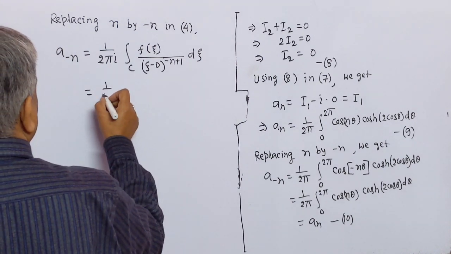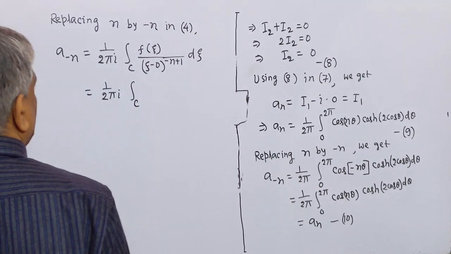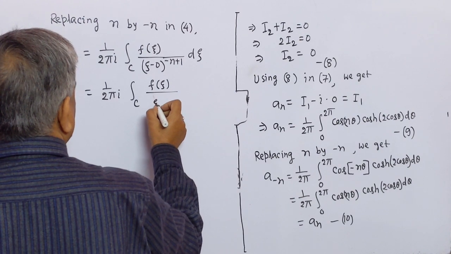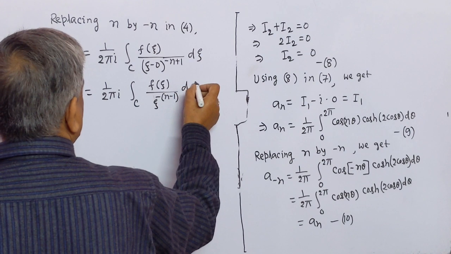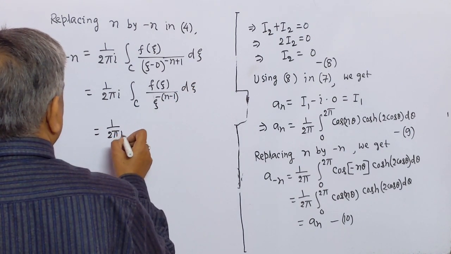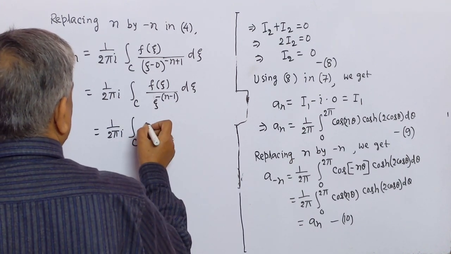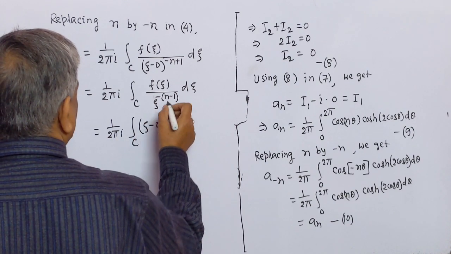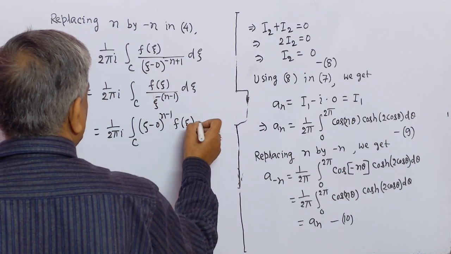This is equal to 1 by 2 pi I integration along C of function of xi by xi to the power minus n minus 1 d xi, equal to 1 by 2 pi I integration along the circle C of (xi minus 0) to the power n minus 1 function of xi d xi.